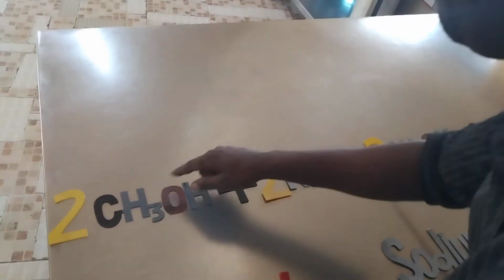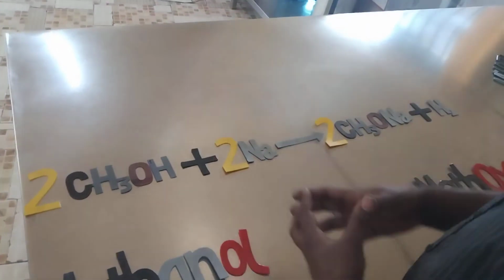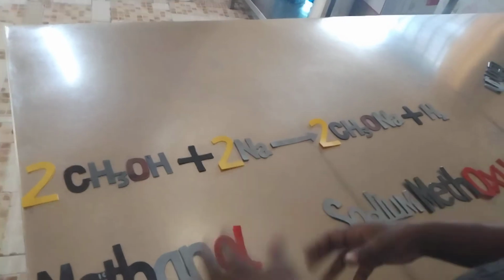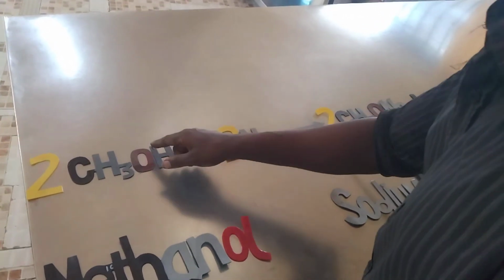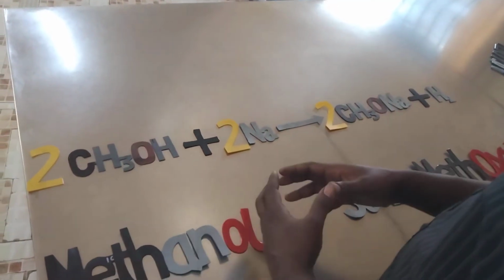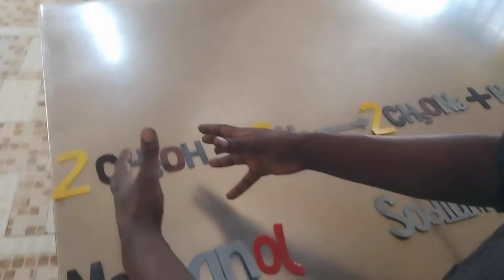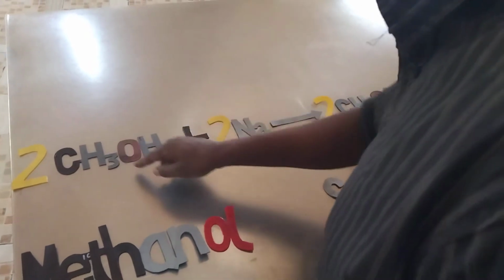When we talk about a reaction, it means we have some activity taking place somewhere. For all alcohols, this functional group is where the action usually takes place. When this alcohol is reacting with a metal like sodium, this is the part which is going to be involved, this piece here. So this other part will not be involved in any way.